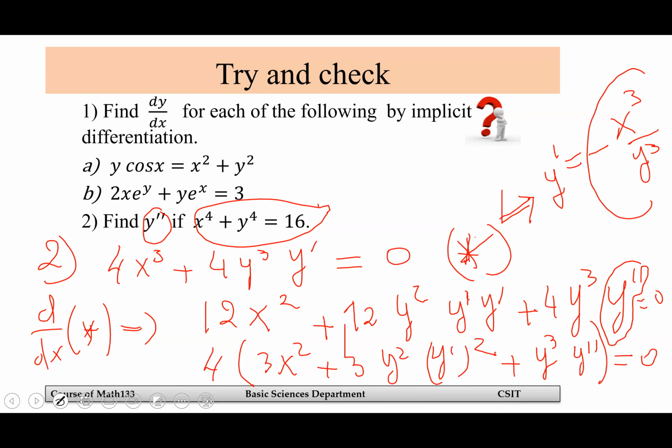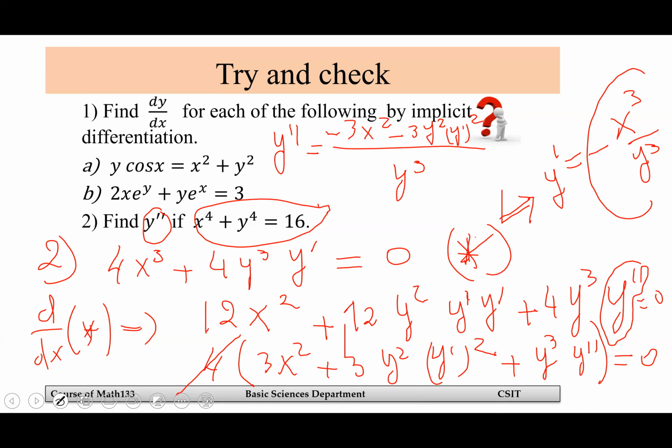All these equal to 0, so I can get rid of 4. And now, from here, I will get y double prime equal to, dividing by y cubed, everything to the right, so it will be minus 3x squared minus 3y squared and (y prime)^2, over y cubed.